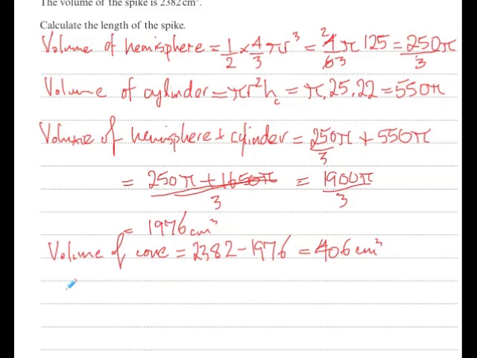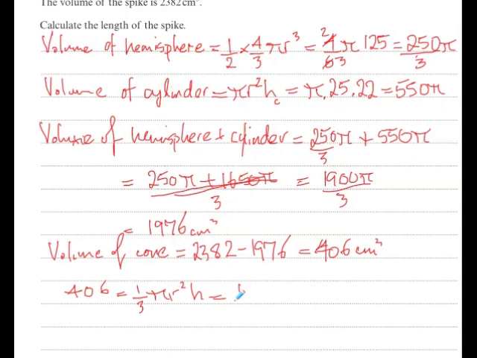And 406 centimeters cubed equals 1/3 pi r squared h. You can get the volume of a cone at the beginning of the paper. You can get that formula at the beginning of the paper.